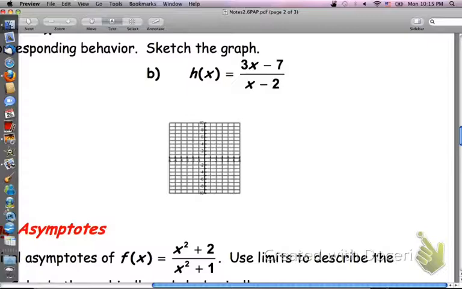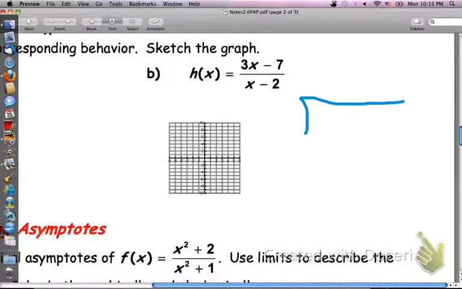Now let's look at part B. So remember, we're trying to find out how h of x is a transformation of the function 1 over x. And at first look, it may look difficult. Are there any ideas how we could simplify this? It's going to take a little bit of polynomial long division.